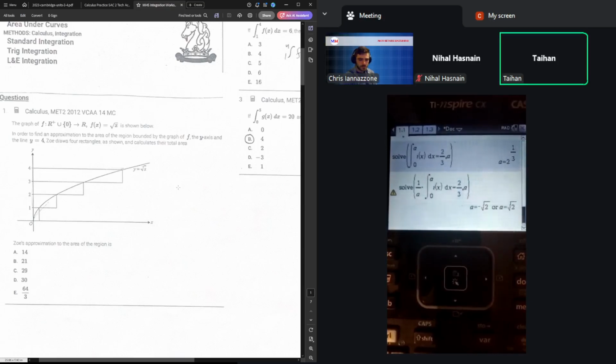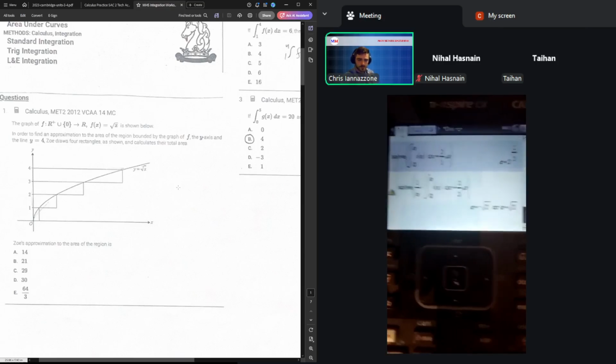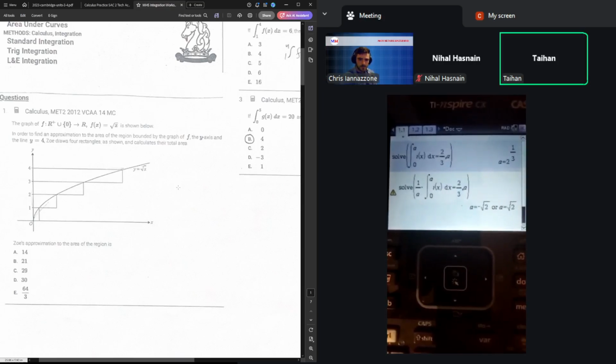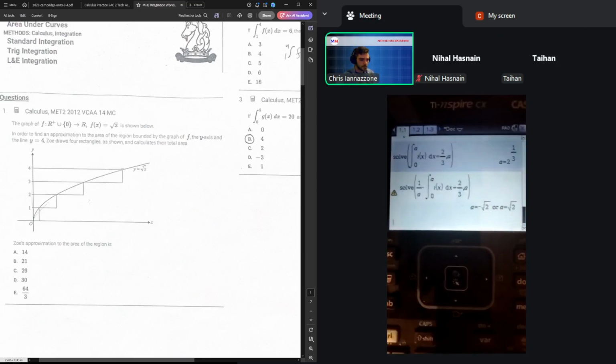You're kind of drawing rectangles that align with the movement of the graph, and then you're just calculating the area of the rectangles and adding them up. Yeah, precisely. So your estimate will either be over or under what the actual area is. Yeah, exactly. So fundamentally, it's just finding the areas of a bunch of rectangles and adding them up.